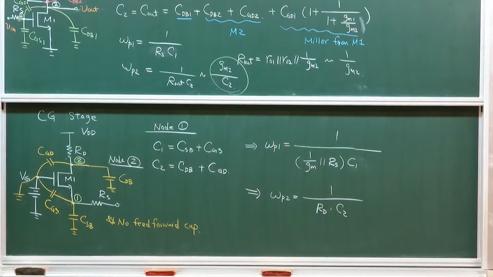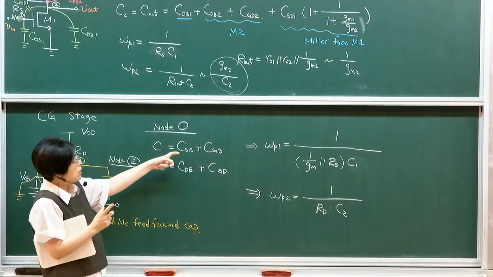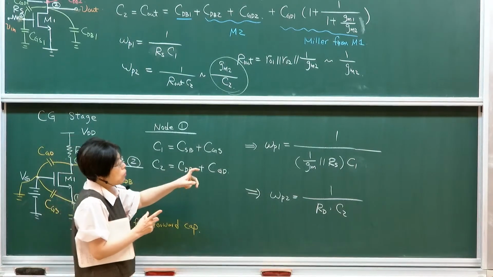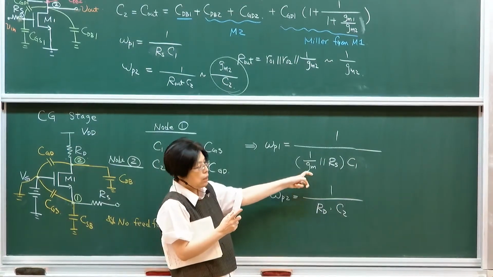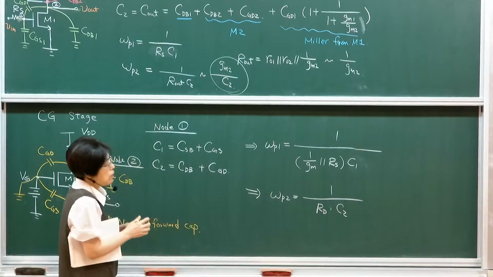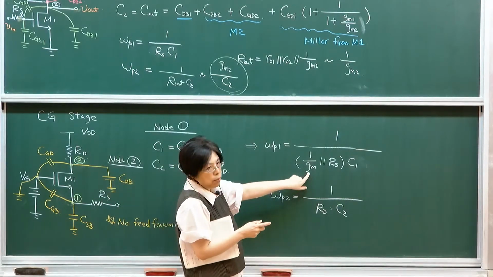So if you want to compare frequency response of various circuits, common gate stages are typically viewed as a high frequency circuit. The main reason is because it has no Miller amplification, so it's only limited by these parasitic capacitance. Also, this will actually have a high frequency node because of my GM.